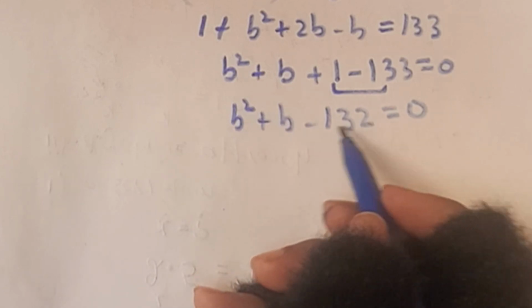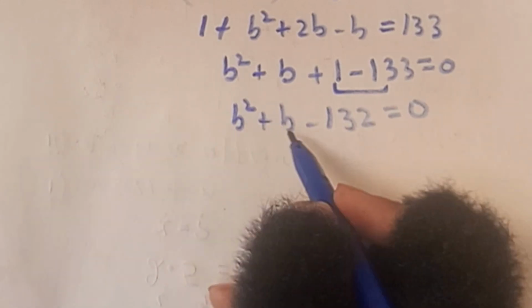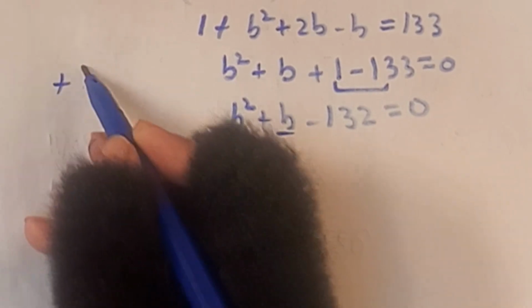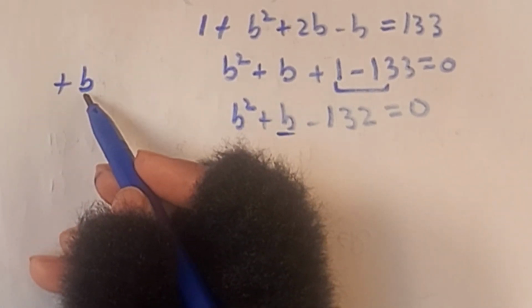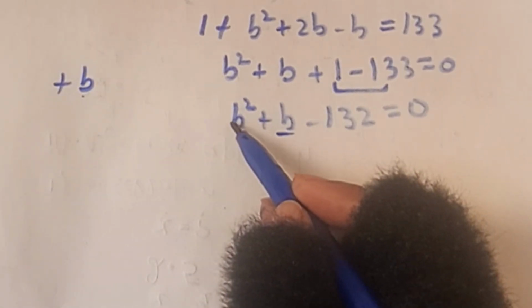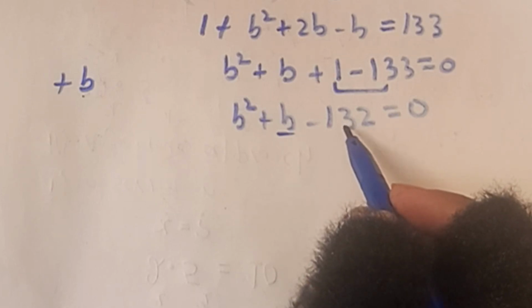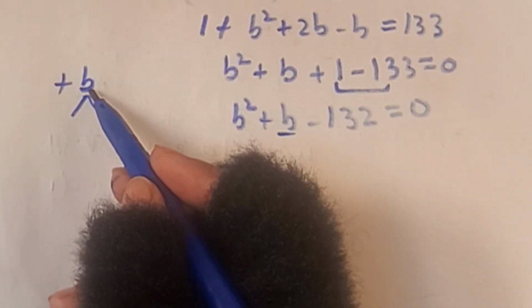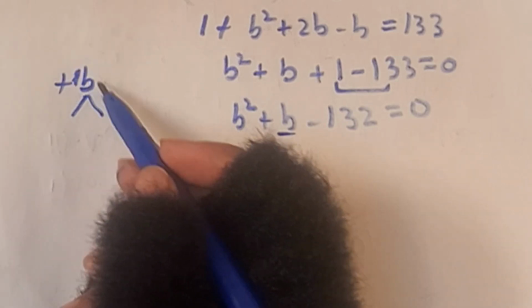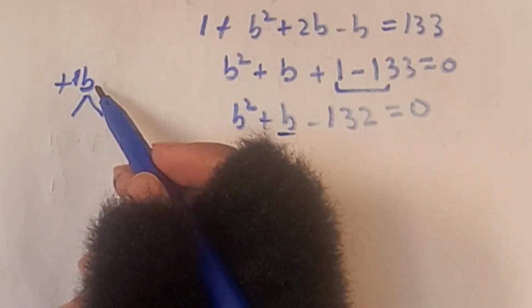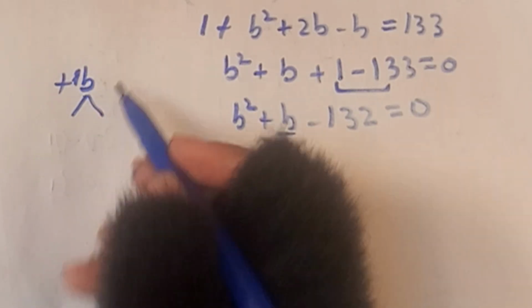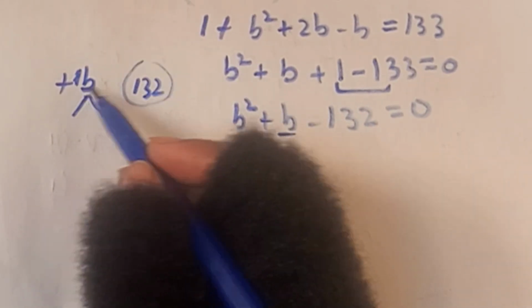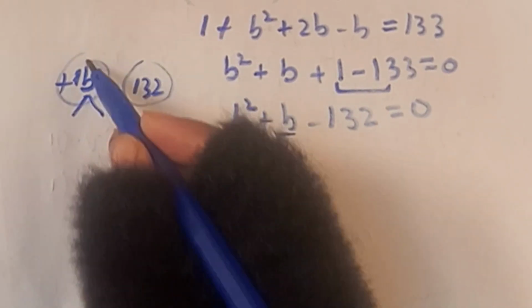Now this is a quadratic equation, so we factorize this. Look at this, this is b² + b − 132. If we multiply first and last terms, we get −132b². So we split the middle term b into two terms such that if we multiply these two numbers, we get −132, and if we add them, we get the middle term, plus b.